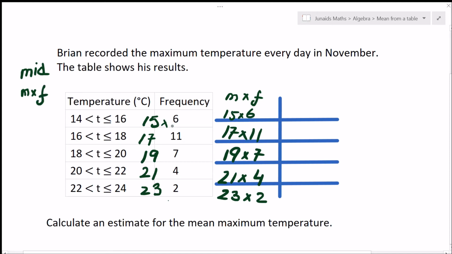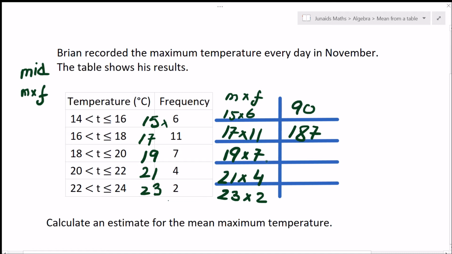Because most of the time, as I said, it appears in a calculator paper, so it's pretty easy to work this part out. As long as you've worked out the frequency, then you need to multiply the midpoint with the frequency. Now let's work this out, and this is going to be 15 times 6, 90, 17 times 11, 187.